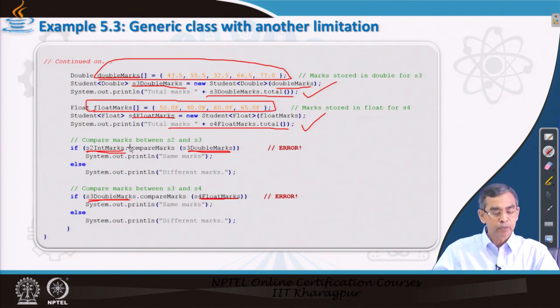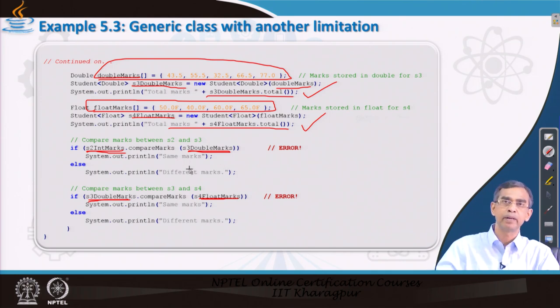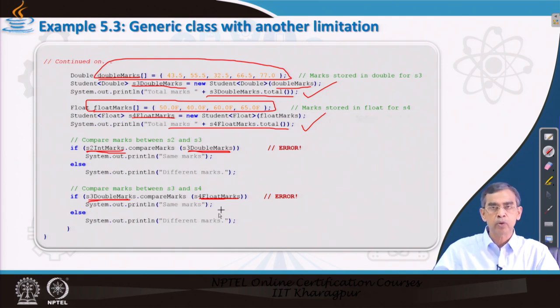Now, what is the problem? We are calling an object of a particular type and comparing it with objects of another type. The two objects are not of the same type, and that invites a problem called the type casting problem, so it will not work for you.